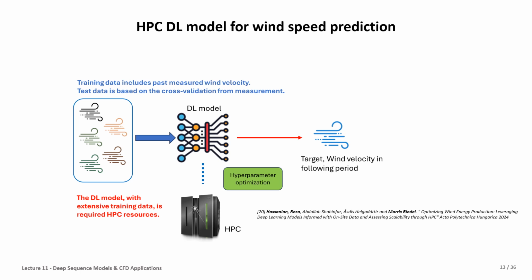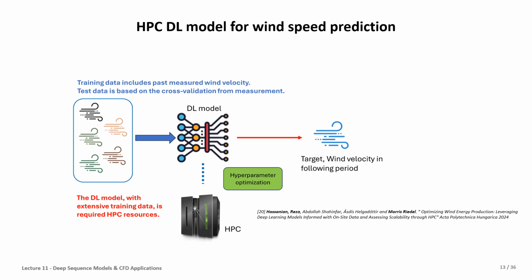So if we want to present this idea in a flowchart, as you can see here, we have the deep learning model, which was LSTM and GRU, and the data from the velocity measured. We need the HPC resources for the deep learning model, and then the target is predicting the wind velocity in the following period.